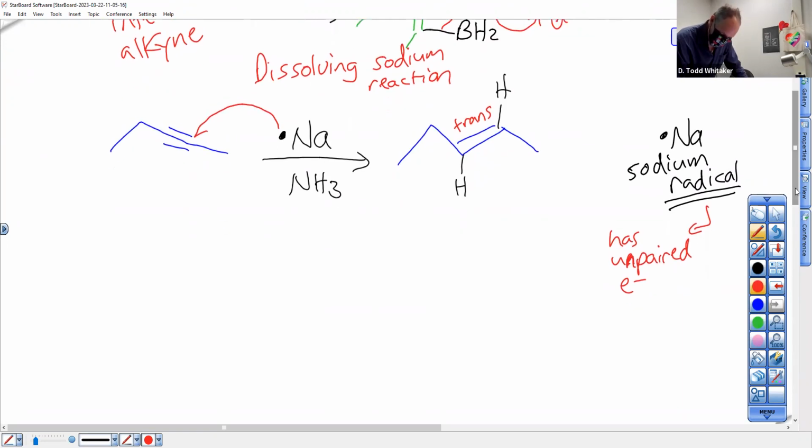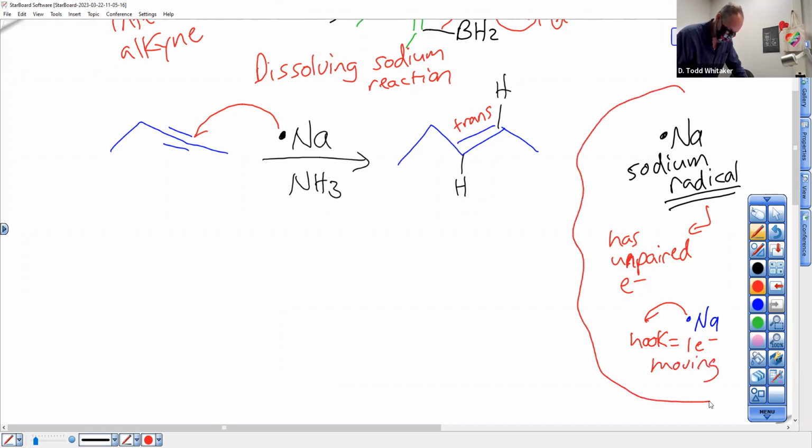Okay, so Na dot, that's a hook. Hook equals one electron moving. So a lot of extra stuff here, okay? And that would create an octet violation right there.